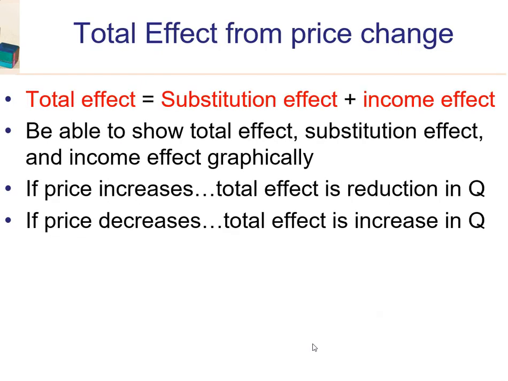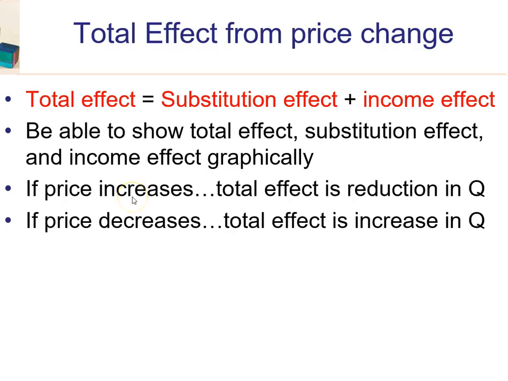When you combine these two, substitution and income effects, you get your total effect, or the total impact from a price change. This is something that I expect students to be able to show, total effect, substitution effect and income effect, graphically. And this is probably one of the most challenging concepts in intermediate microeconomics.